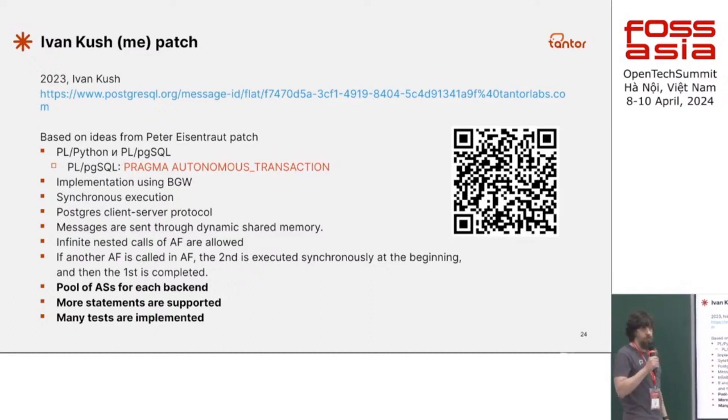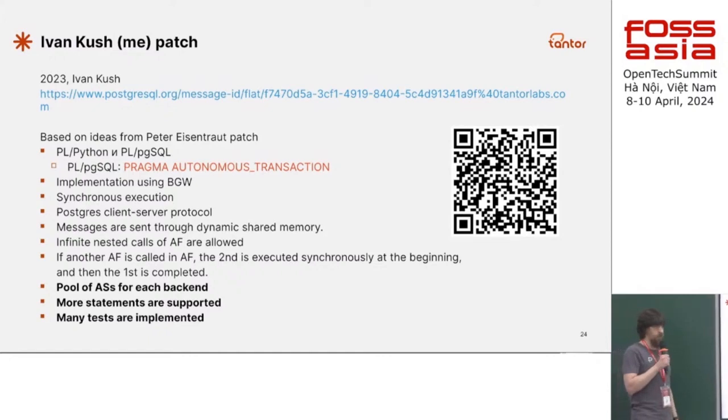For communication, we used the Postgres client-server protocol. Messages are sent through dynamic shared memory. Infinite nested calls of autonomous transactions are possible. We have a pool of autonomous sessions for each backend. More statements are supported than in Peter's patch, and there are many tests.